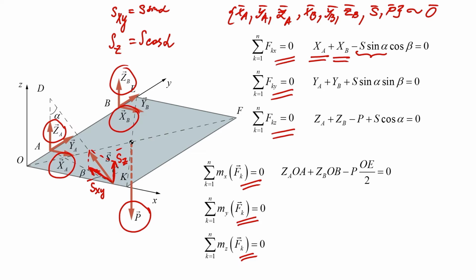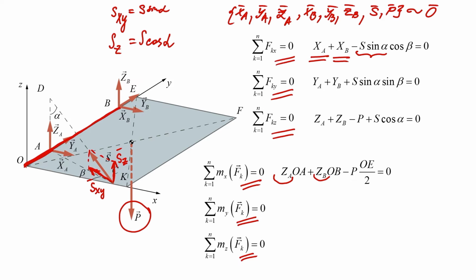The moment of the component ZA is equal to the product of the force magnitude and the distance from the axis X to the force's line of action. The moment of the component ZB with respect to the axis X is equal to the product of the force magnitude and the distance from the axis X to the force ZB line of action.